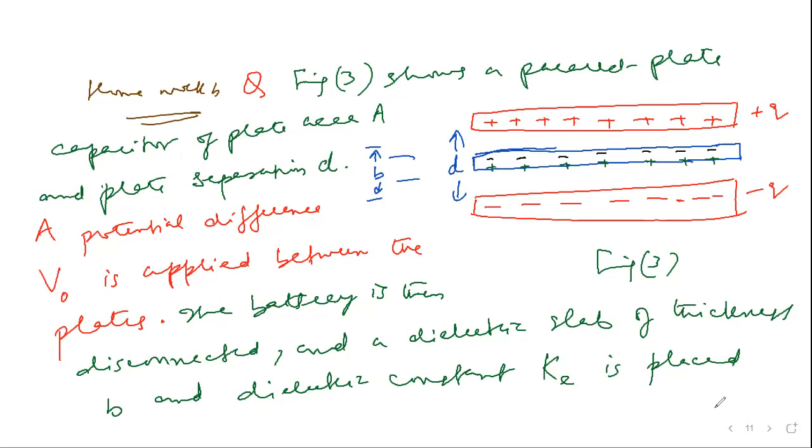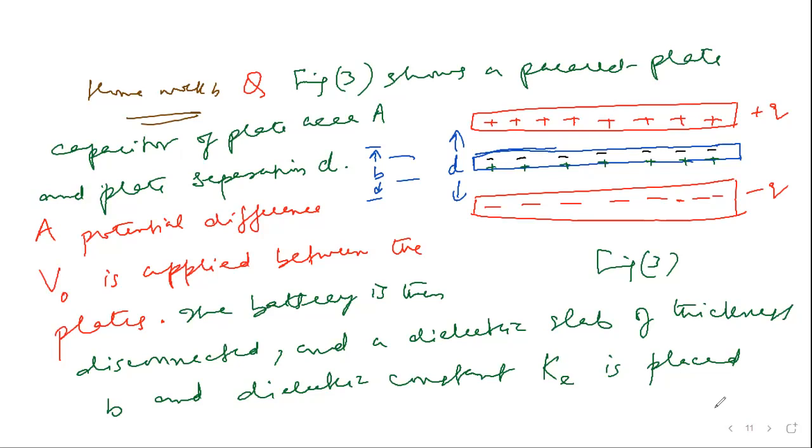Okay. The question says, figure 3 shows a parallel plate capacitor of plate area A and plate separation D. The potential difference V naught is applied between the plates.